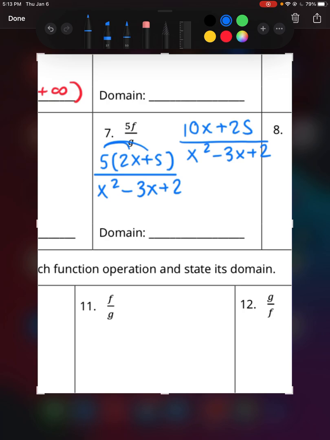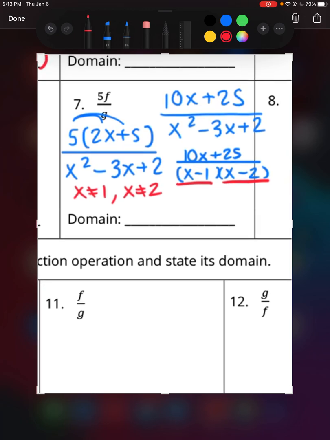And that's the answer, but now you have to factor the denominator because it's a quadratic. So factors of positive 2 that add up to negative 3 are going to be negative 1 and negative 2. So now you can find the restrictions in your domain by just setting these equal to 0. So x cannot be 1, and x can also not be 2 because either of those values would make your denominator 0.